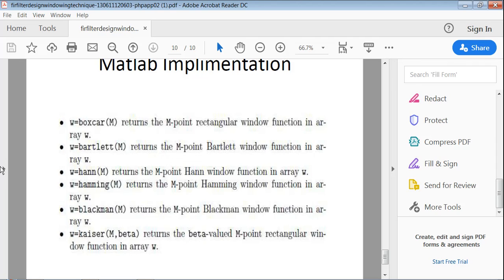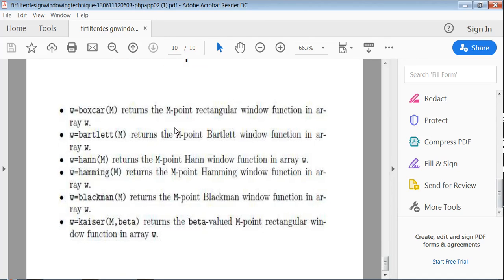We have to make a trade-off between the ripple and the transition band. So generally as per the application, the window is selected. So that is the design of an FIR filter using a window. Thank you.